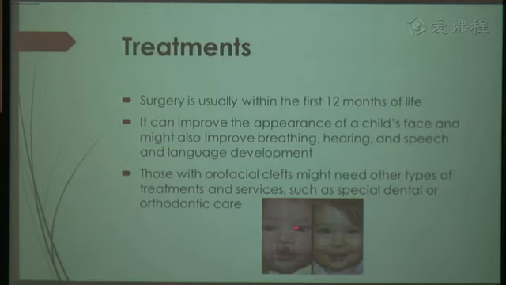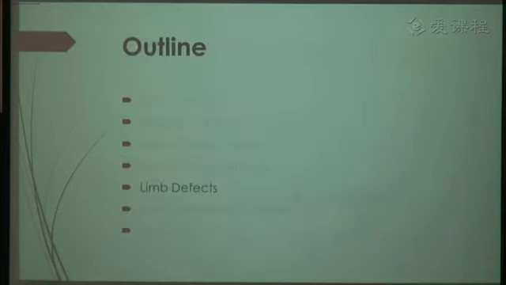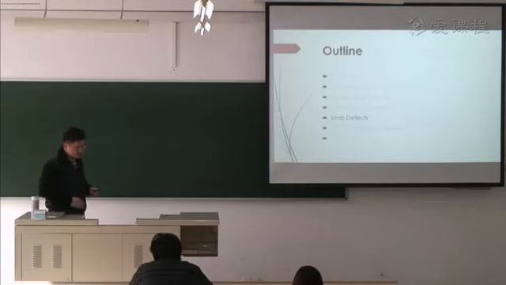For that type of cleft, it's harder to repair, and more treatments and services are needed. But for simple cleft lips or palates, it's very repairable and manageable by surgery. So the next one is limb defects.